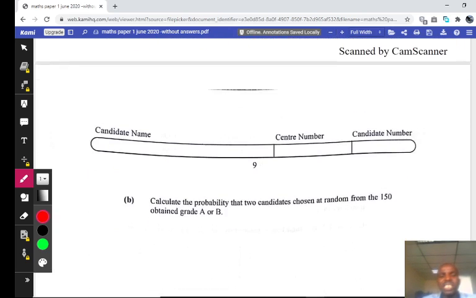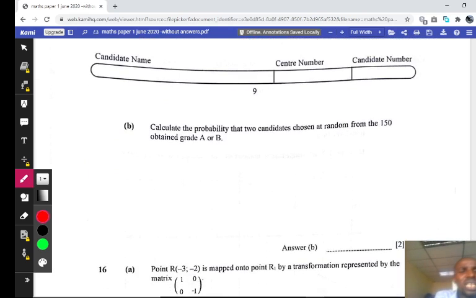So what you do is, you say it's probability of grade A, then followed by B, or the first one can give B, followed by grade A, which means for grade A there are 5 and grade B there are 25.